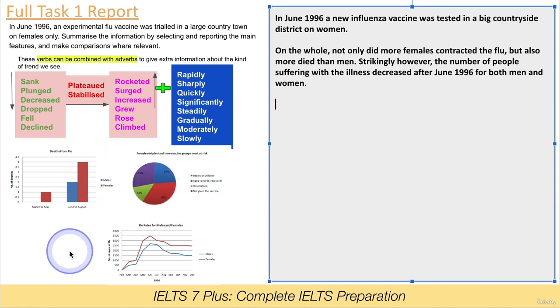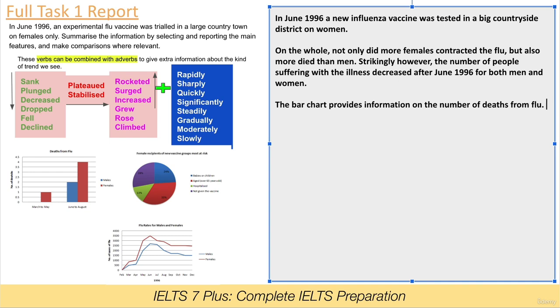We're going to just pepper in information from the pie charts where relevant. But really we're going to focus on the bar chart here. So the bar chart, we can say what it provides, maybe to open up with. Provides information on the number of deaths from flu.